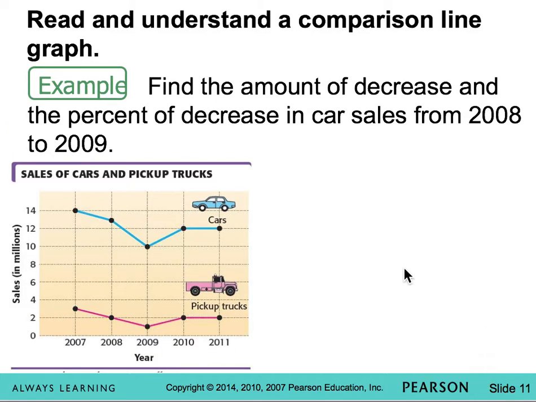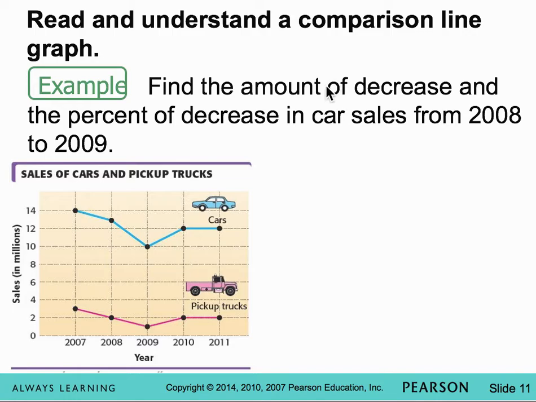Same graph, but this time it says find the amount of decrease and the percent of decrease in car sales from 2008 to 2009. So we're still looking at cars. But we want to know the amount of decrease. First of all, it says and, let's forget this part.